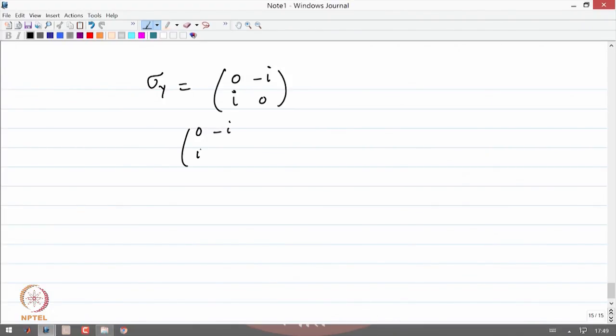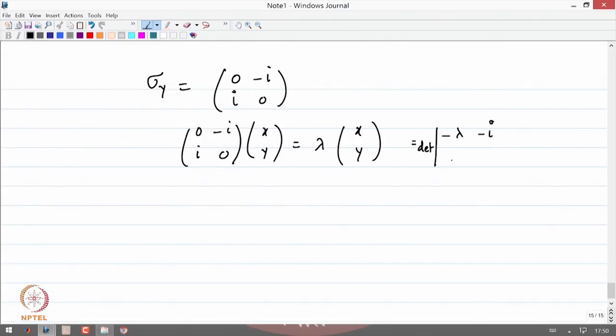The matrix times (x, y) is equal to lambda times (x, y). Therefore, the determinant you have to write is minus lambda, minus I, I, minus lambda, that is equal to 0, and this is nothing but lambda square. Please remember minus I into I, therefore this is minus 1 is equal to 0, lambda is still plus and minus 1, two eigenvalues.